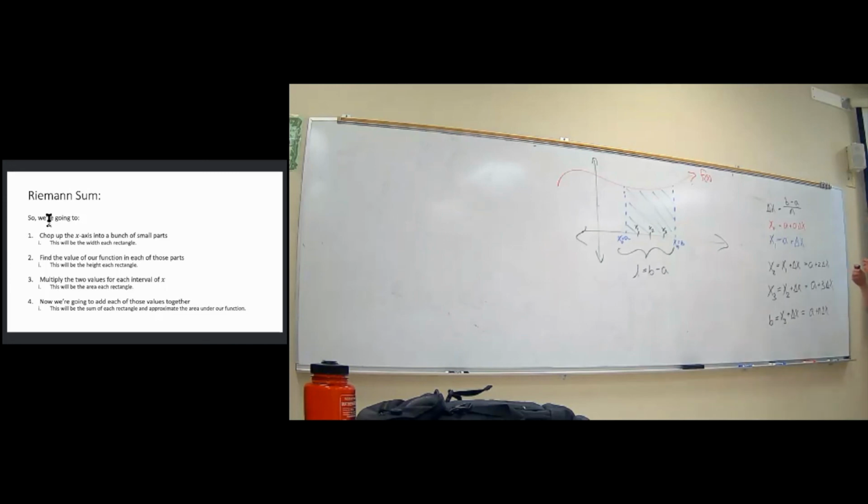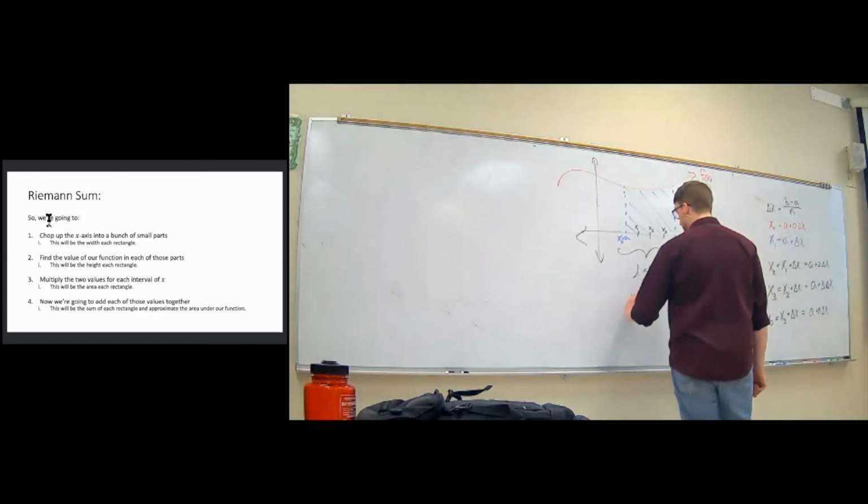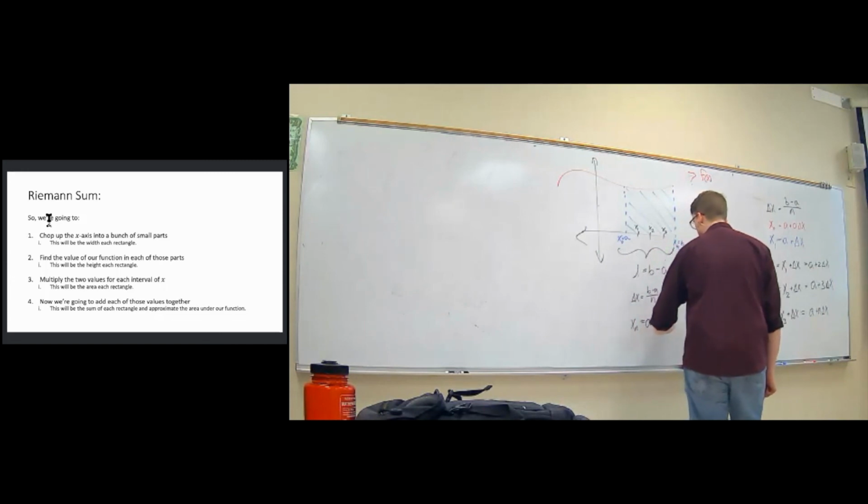So we could say delta x is equal to b minus a divided by n, and x sub n is equal to a plus n times delta x.